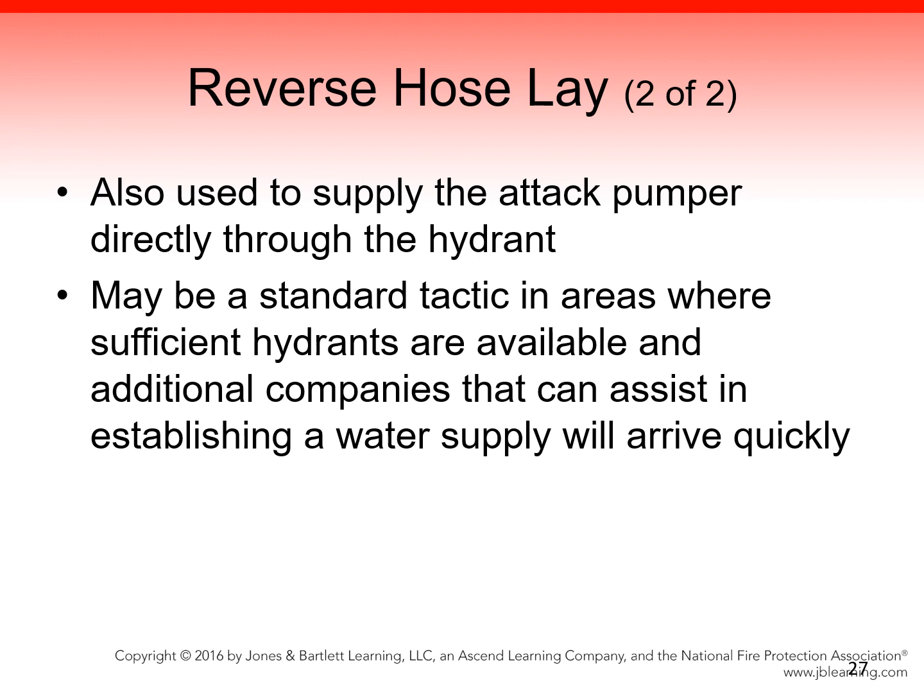The supply engine stops close to the attack pumper, and the hose is pulled from the bed of the supply engine to the intake on the attack pumper. The supply engine then drives to the hydrant, or alternative water source, and pumps water back to the attack pumper. Usually the supply engine parks in such a way that the hose can be pulled from the supply engine to the inlet to the attack pumper.